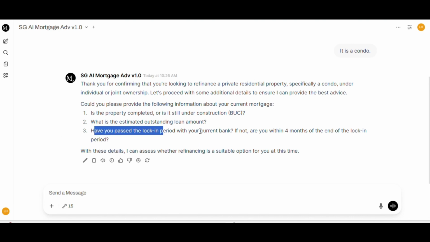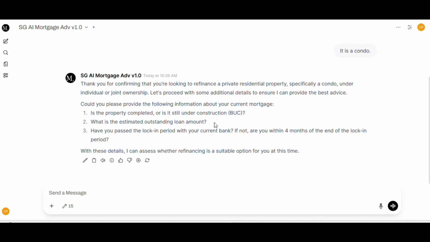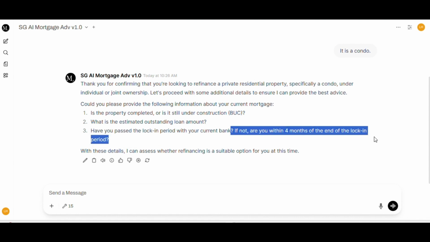The AI also asks whether the loan is already out of the locking period. This is very important. If it is not out of the locking period, even if you ask now, it's not really applicable, right? If you are at the end of the locking period, you may consider exploring what better interest rate is available at the moment.